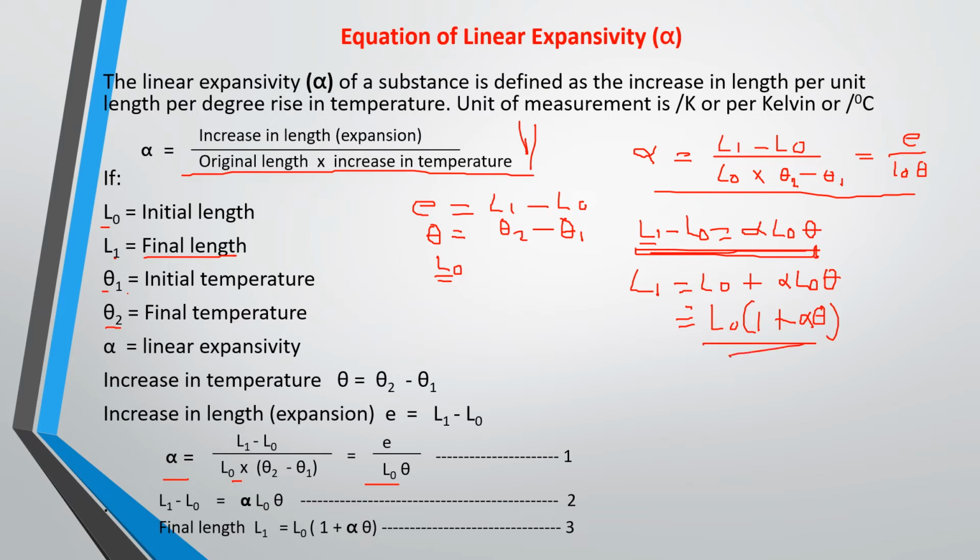So with this equation, you can actually find the new length of a particular material, as the case may be. So you can apply any of these equations to solve whatever problem you have on linear expansivity.